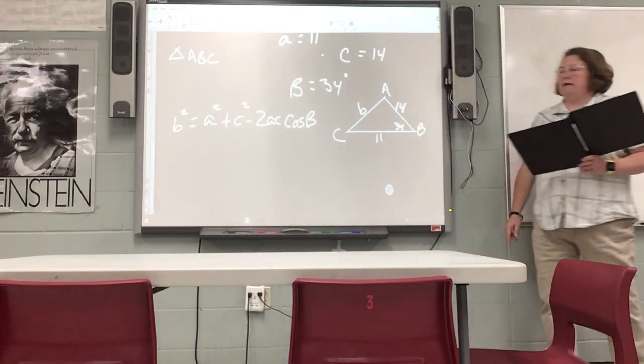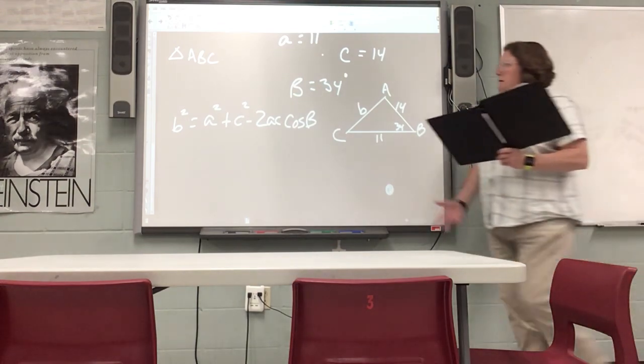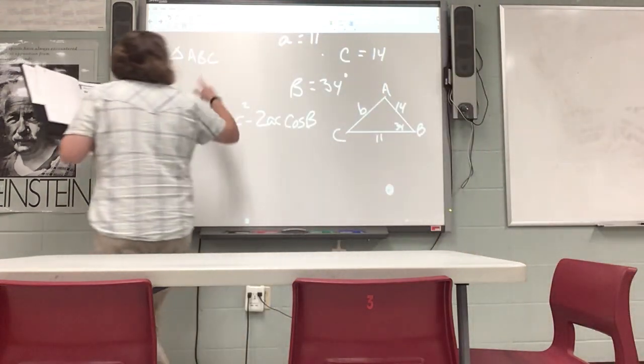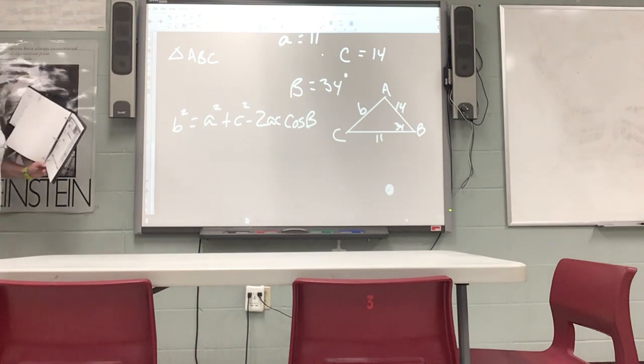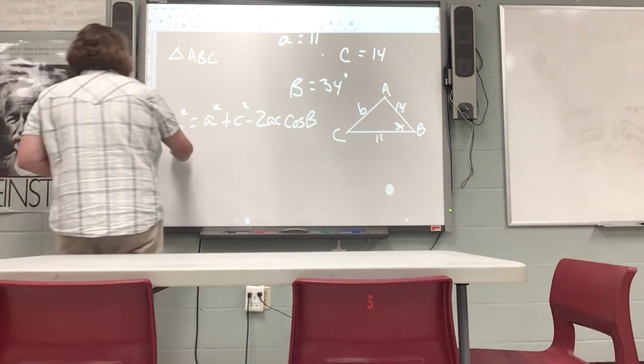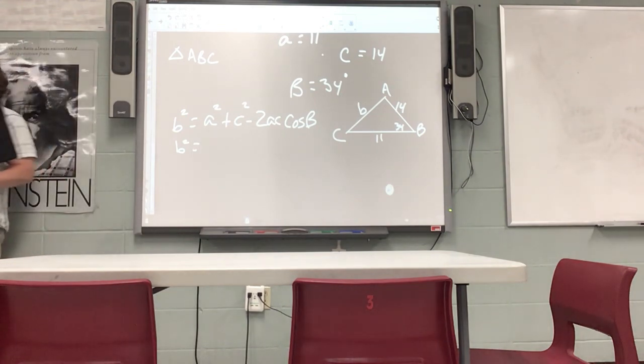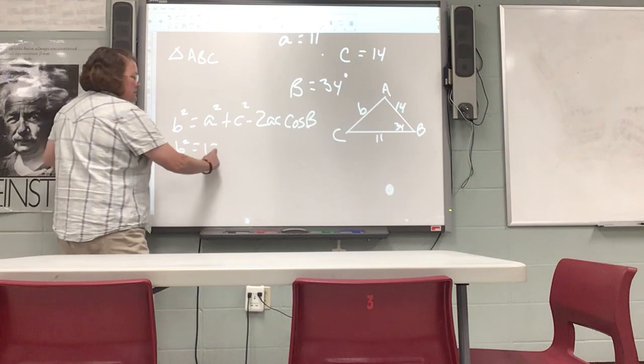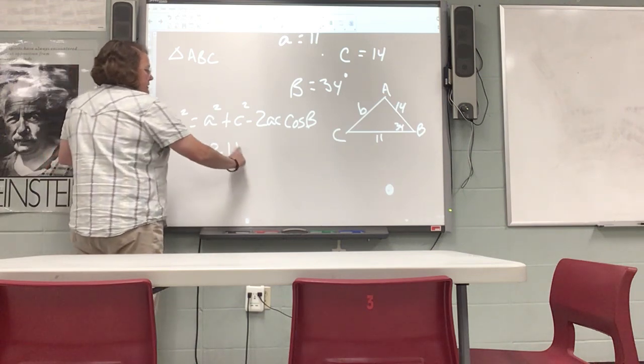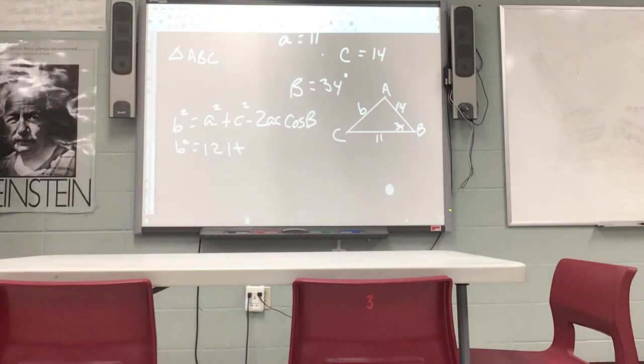Okay, now we'll just plug in the stuff that we know. I didn't plug everything in yet. So do I know side B? No. So B squared equals, do I know side A? Yes, it's 11, so 11 squared, can I go ahead and write 121? Plus, do I know side C?